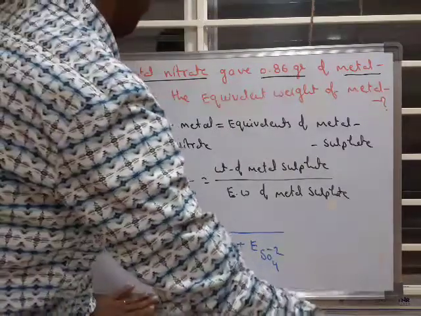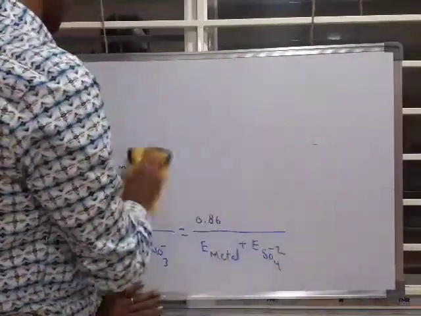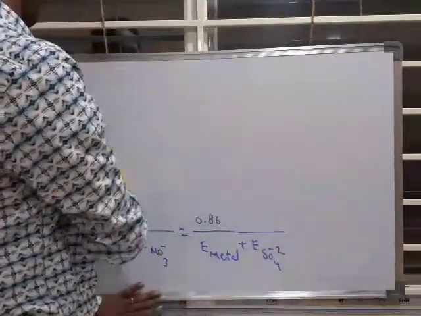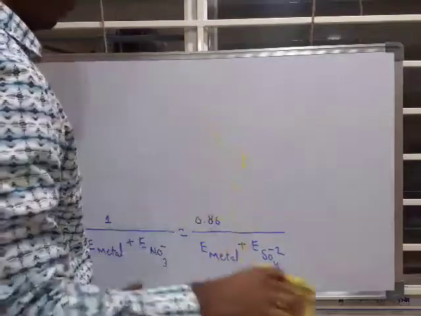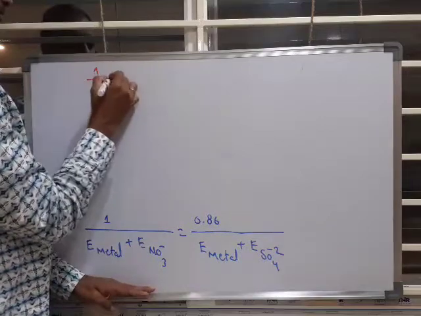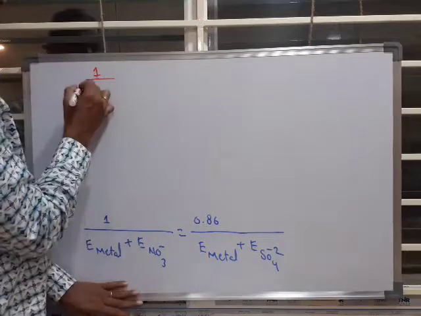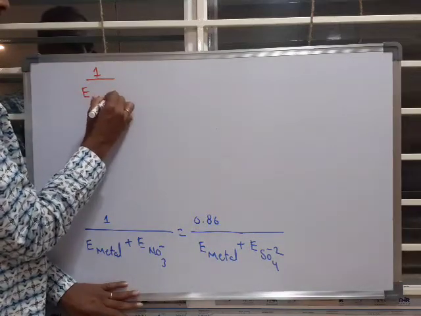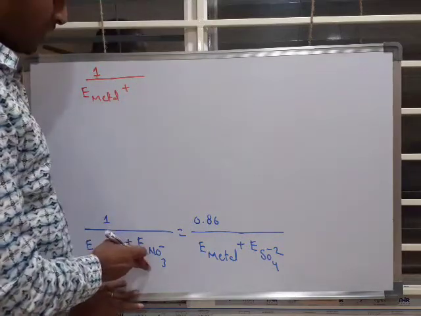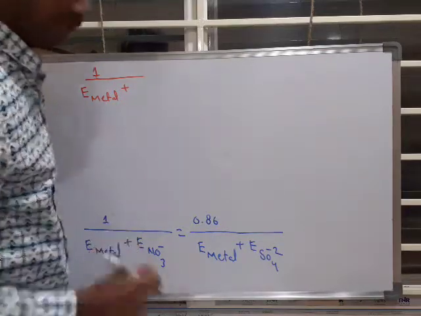So the left side is 1 divided by the equivalent weight of metal plus the equivalent weight of nitrate.